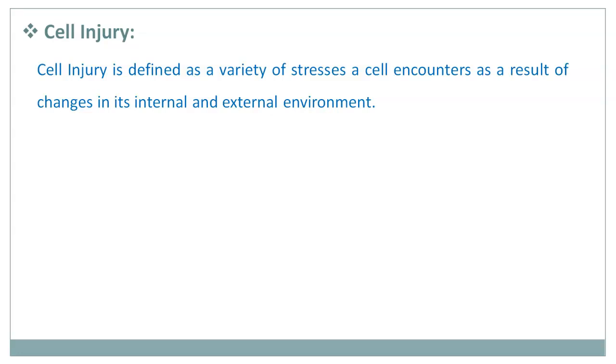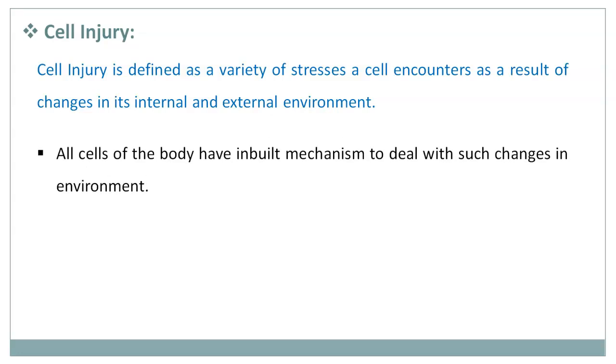First is the introduction. So what do you mean by cell injury? Cell injury is defined as a variety of stresses a cell encounters as a result of changes in its internal and external environment. So this is called cell injury. When there is a stress, there is cell injury.